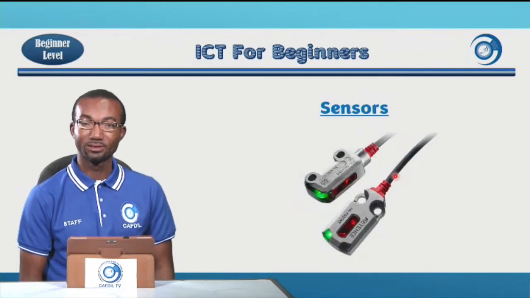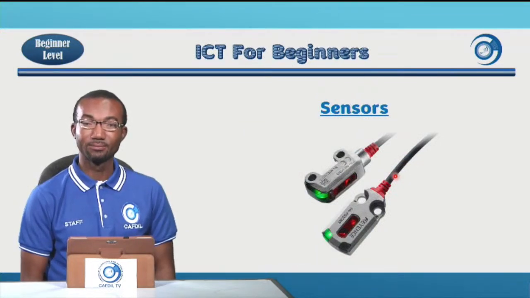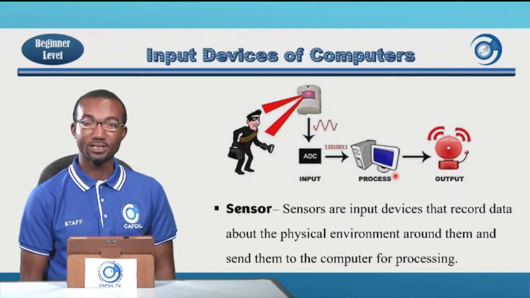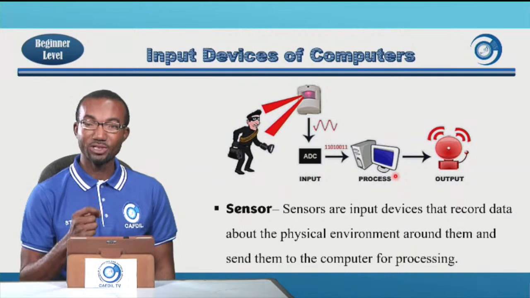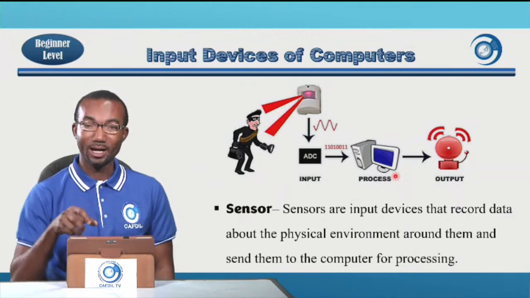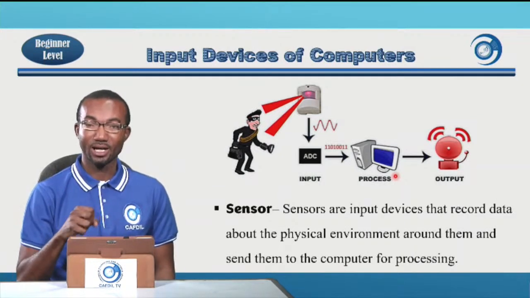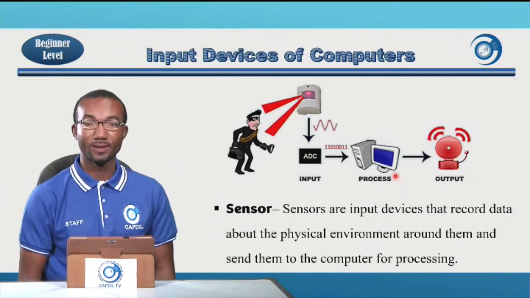The next one are sensors. And what do sensors do? Sensors are input devices that record data about the physical environment around them and send them to the computer for processing.